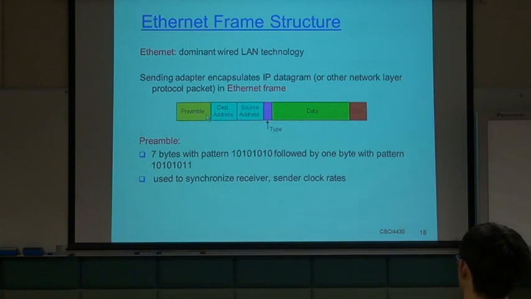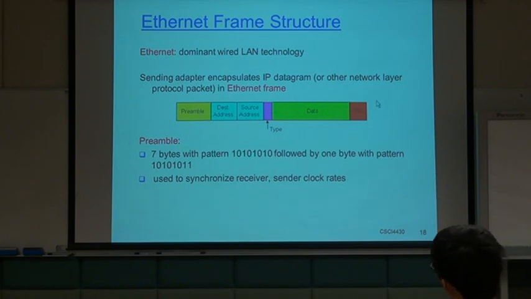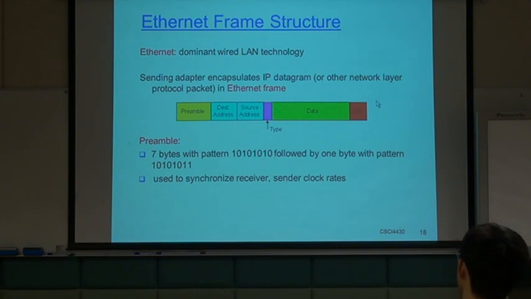So the preamble and CRC are also part of the Ethernet protocol, although you don't see these two fields in the link layer frame, but they are used to identify the beginning and the end of a data frame. Once the frame is captured by the receiver, these two fields will be removed and the rest will be sent to the upper layer. So what you see from Wireshark in here will be the destination address, the source address and the type field.